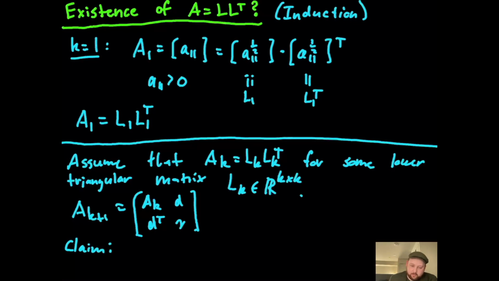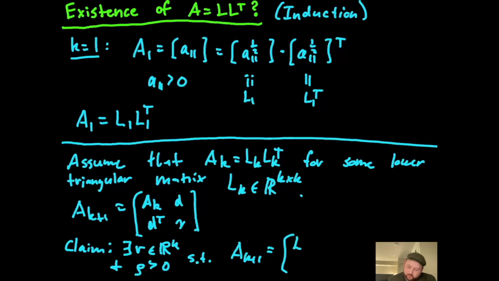So my claim is that for any AK and for any D and gamma that make AK plus 1 still SPD, there always exists some vector R in RK and some rho positive such that AK plus 1 is equal to the product of LK, R transpose, 0, rho, times the transpose of this matrix.